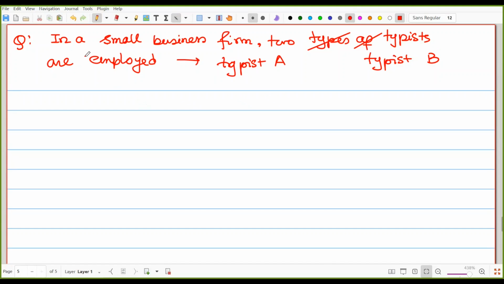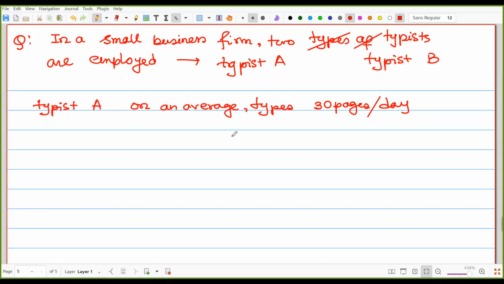Now, typist A on an average types 30 pages per day, with a standard deviation of 6.